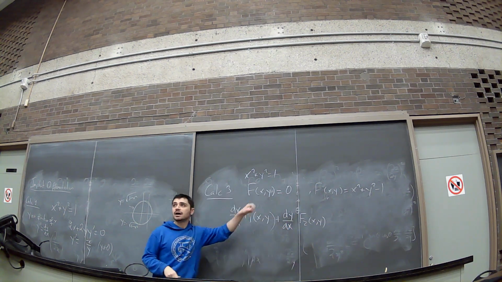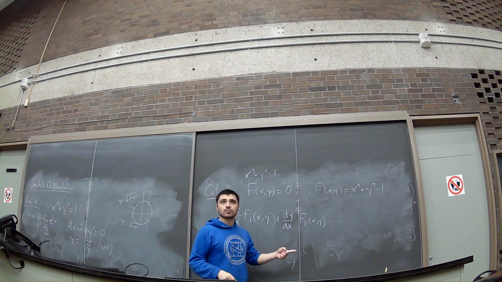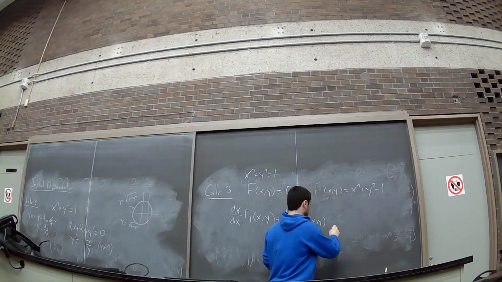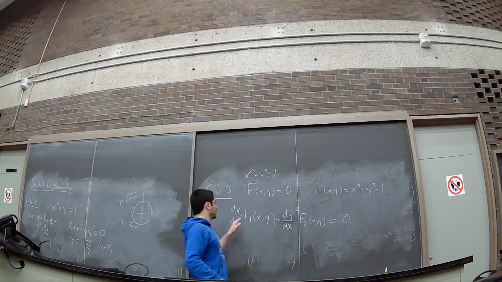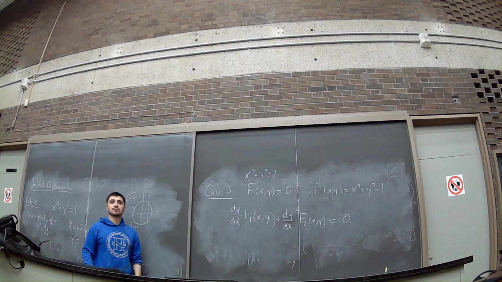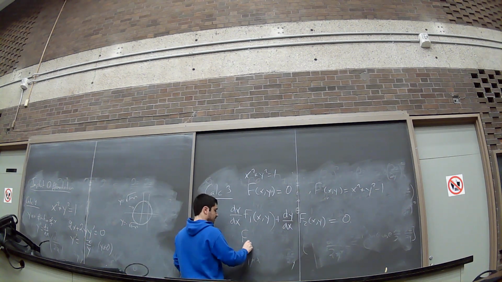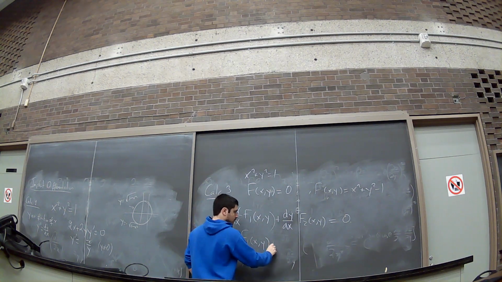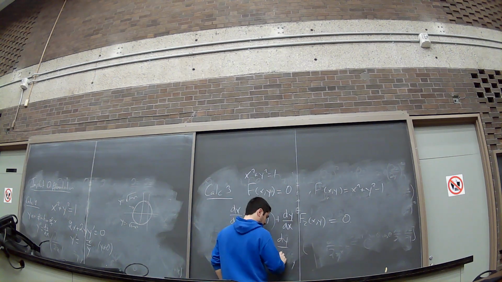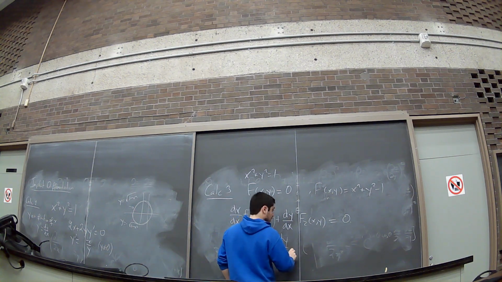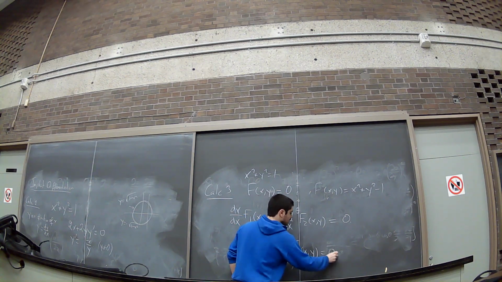Is equal to, I differentiate the other side. What is it equal to? 0. What is dx by dx? 1. So what is f1(x,y) plus dy by dx f2(x,y) is equal to 0.